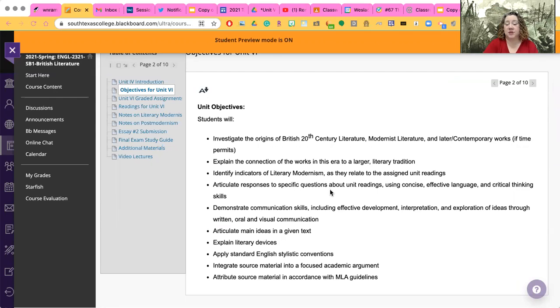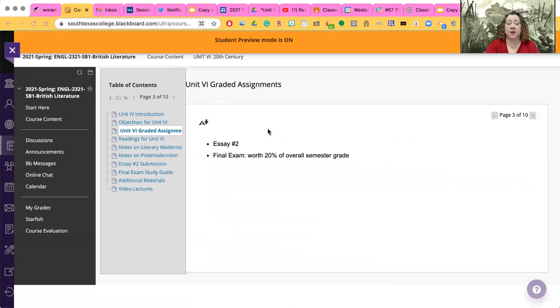Articulate responses to specific questions. That's for your discussions, but there's not a discussion for this unit. I took it out. Articulate main ideas in a given text, explain literary devices, all those things that are MLA guidelines that are usually on there. There are only 2 assignments in this unit, essay number 2 and the final exam.